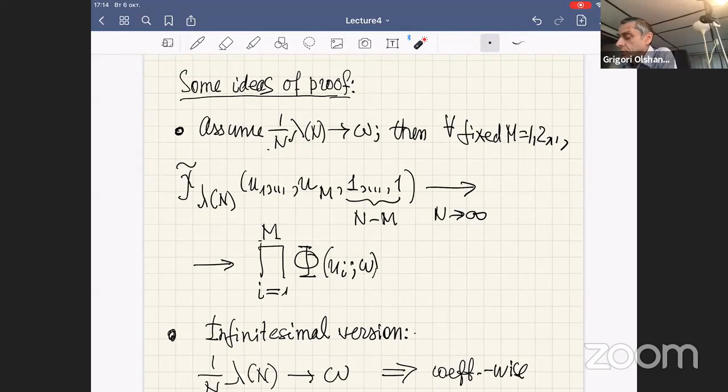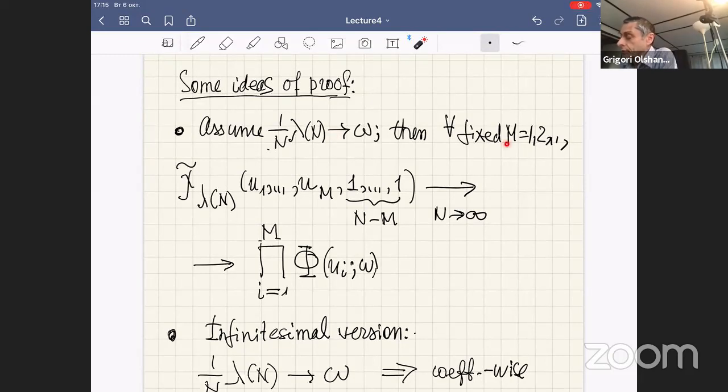So I will explain only some part of the proof, namely, go in one direction. Assume that this sequence of signatures is such that the limit does exist. So it converges to some point omega. What we need to prove?